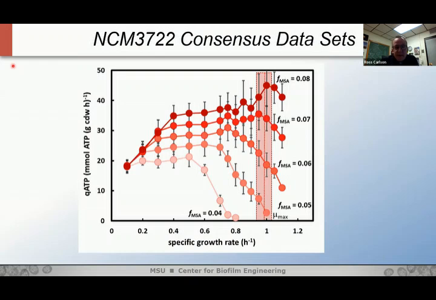You can do the same thing with the NCM strain, and we see a very similar trend. So again, we've got consensus data for this NCM strain. It grows much quicker than MG1655. For that consensus data, we ran our simulations, assuming between 4 and 8% of the membrane is available for enzymes. And then what we looked at is the Pareto trade-off. So at what growth rate do we see a trade-off in the ability to generate macromolecules and the ability to generate maintenance energy?